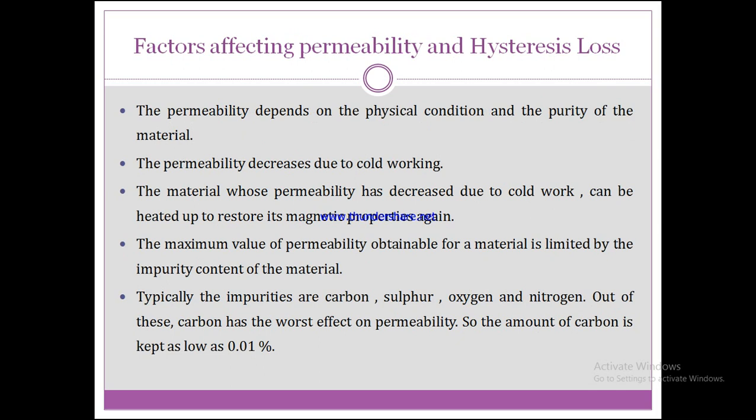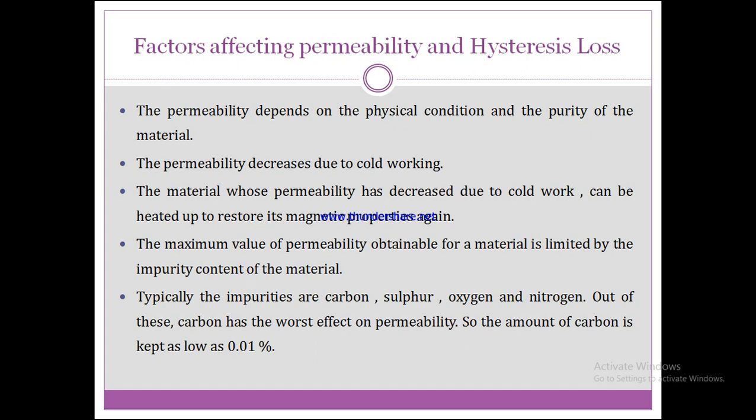Now, the next point is the factors affecting permeability and hysteresis loss. The permeability mainly depends on the physical condition and the purity of the magnetic material. The permeability decreases due to the cold working of the material.